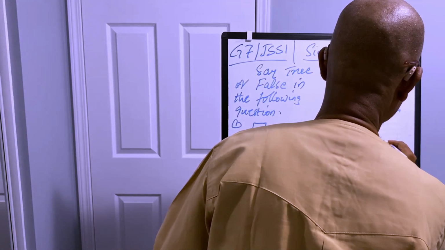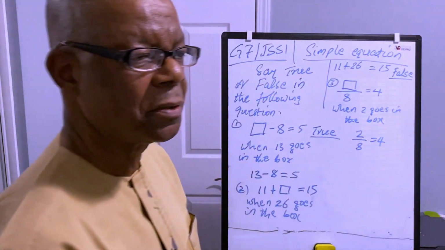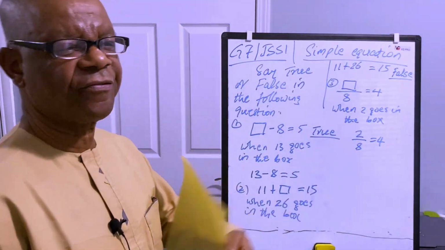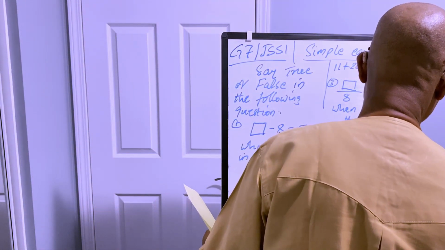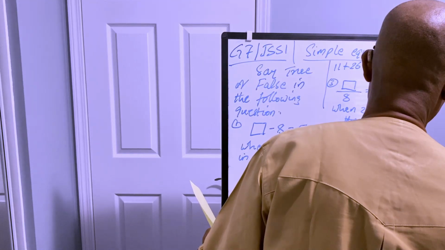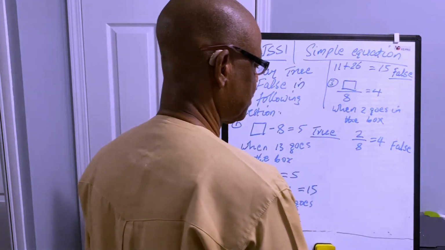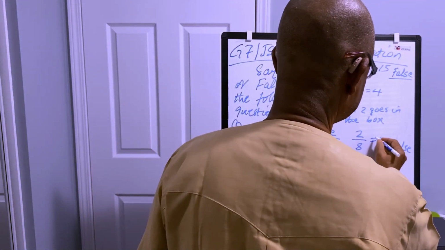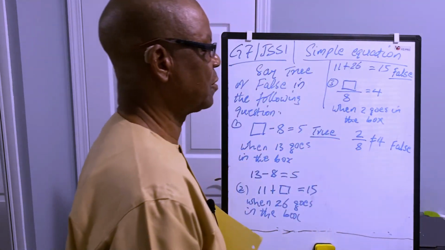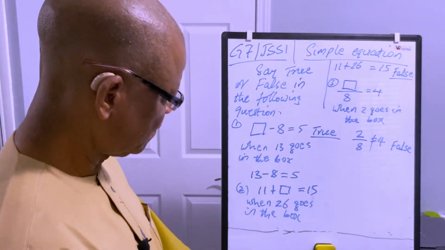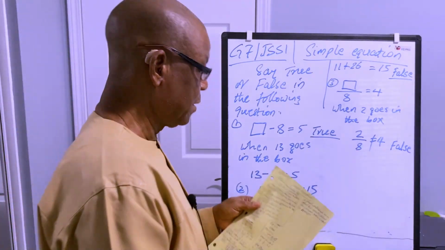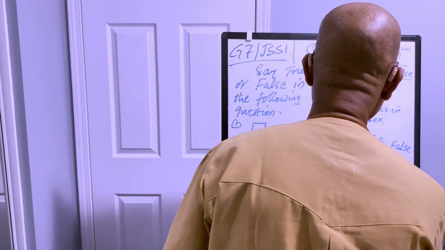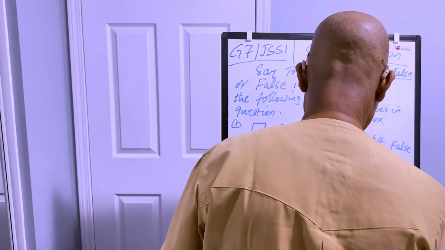Is it equal to 4? No. 2 over 8 is 1 over 4 and not 4. So your answer here is false, because 2 over 8 is not 4. It's not. Still one step.